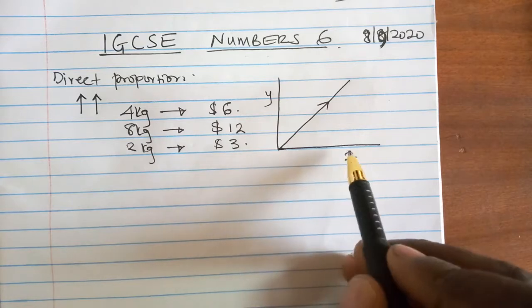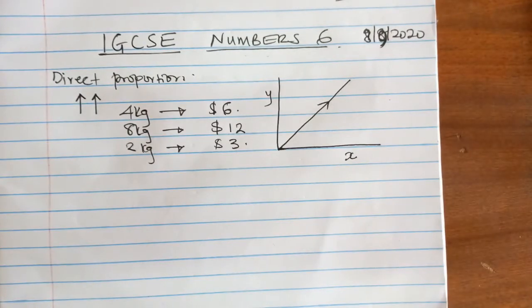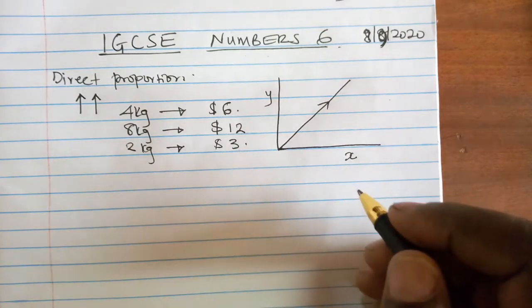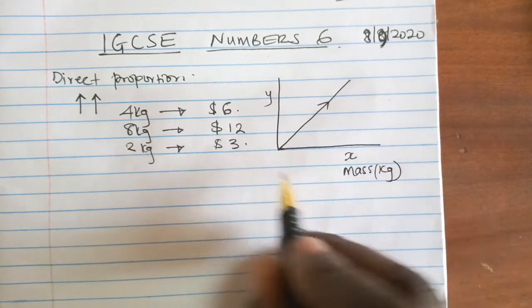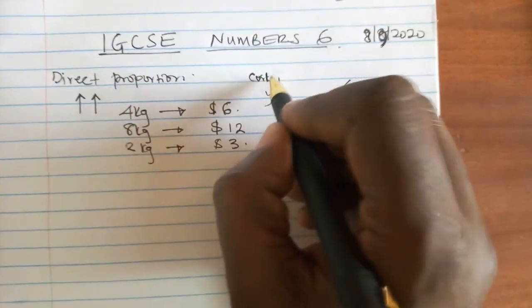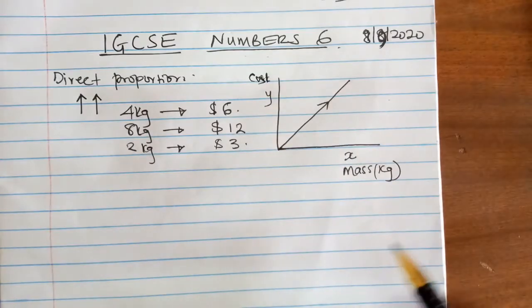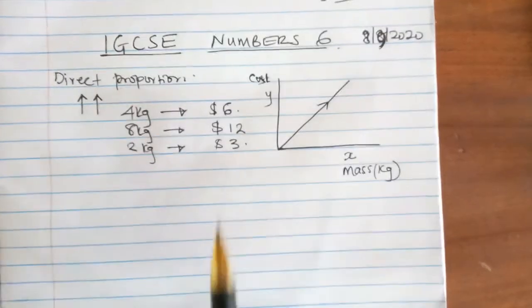So when x increases, y increases at the same rate, and this means we are dealing with direct proportionality. Let's have the mass in kg if we are talking about apples, and the cost in dollars. When the mass of the apples increases, so does the cost.